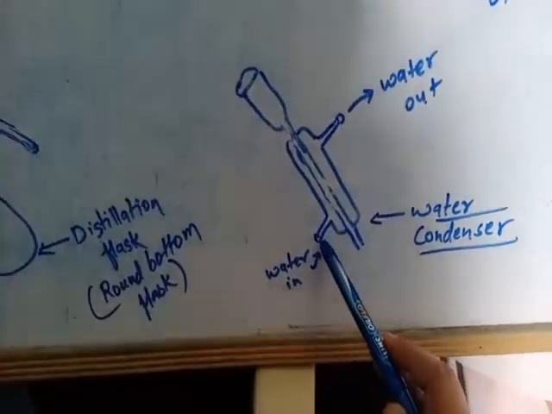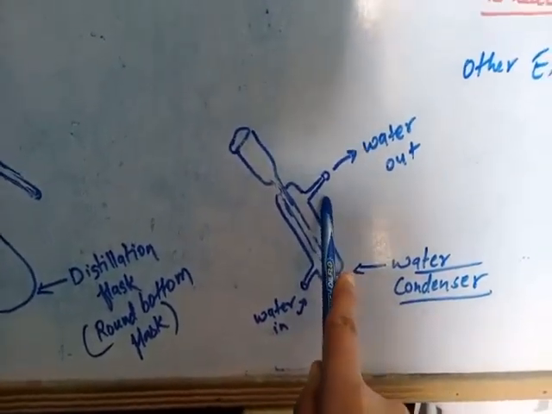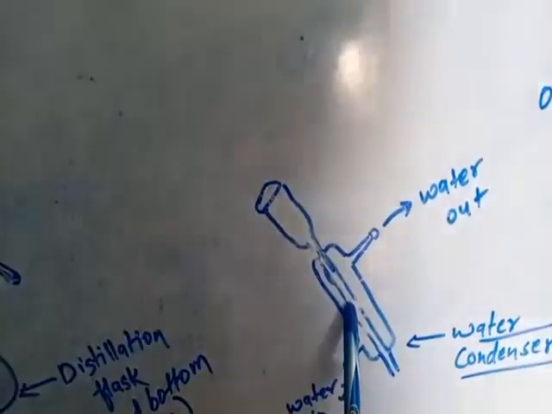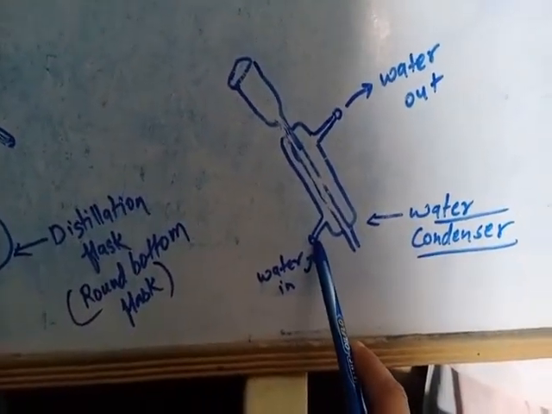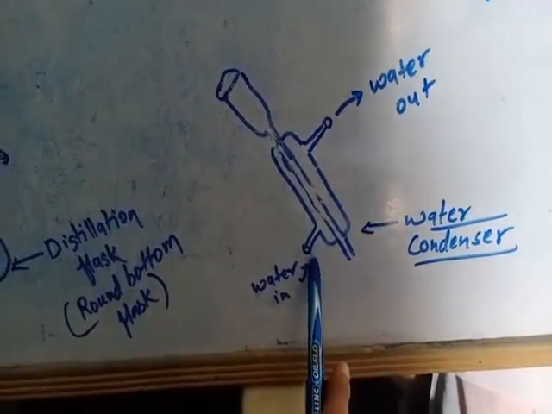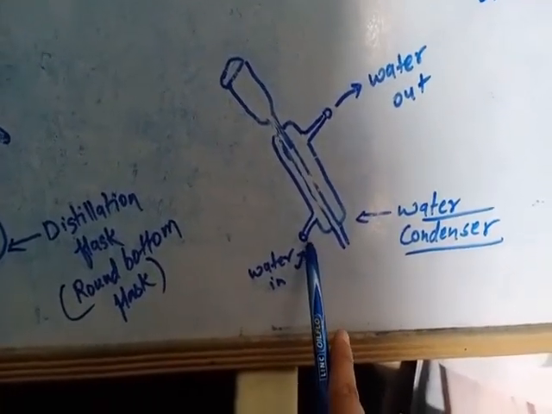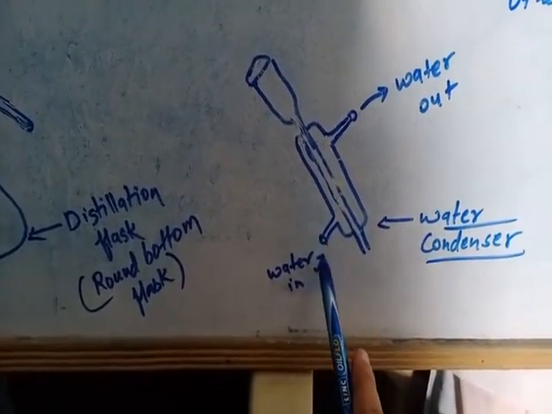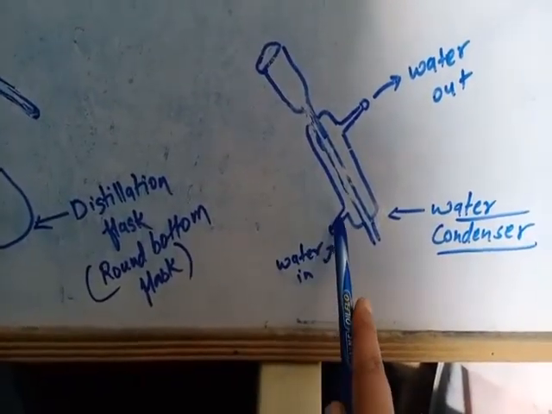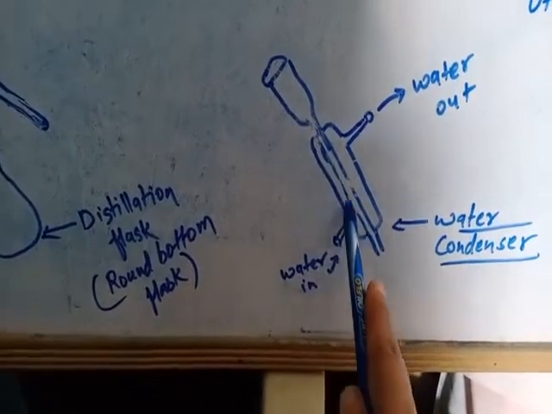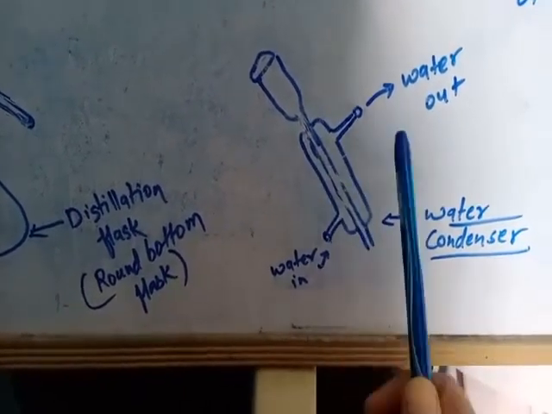We can see here an inlet and outlet in the condenser tube. So we connect this inlet to tap water through a pipe and provide a continuous supply of water to this tube.